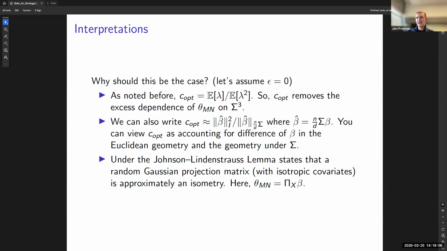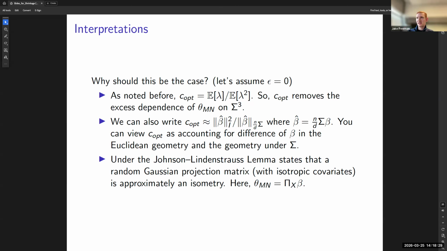Similarly, maybe the lengths are contracted, where the anisotropicity creates differences in the geometry compared to a Euclidean geometry. And we're increasing the length of the vector to account for some of the loss in the tail because of that anisotropicity.